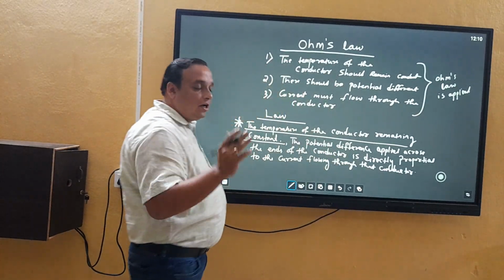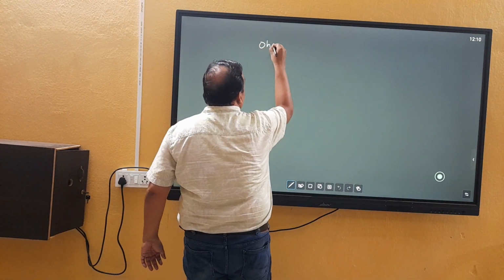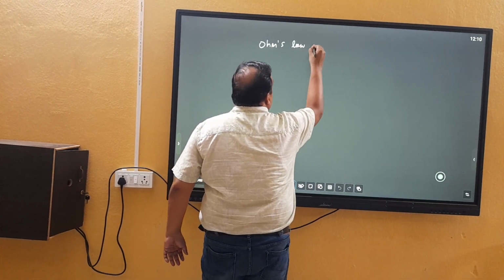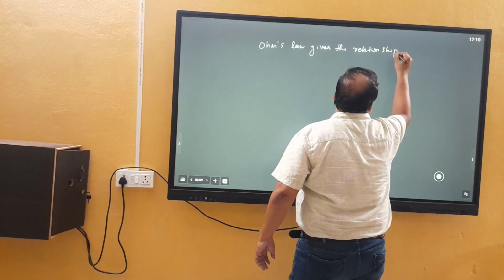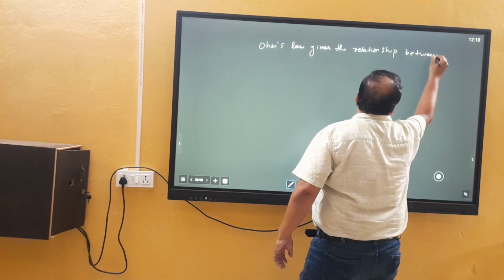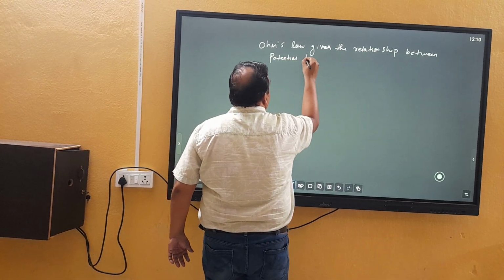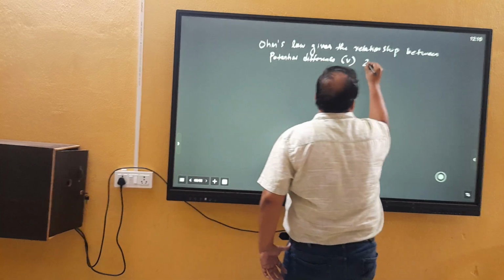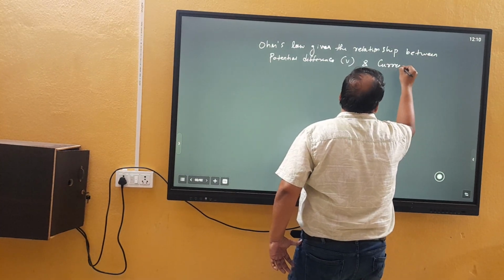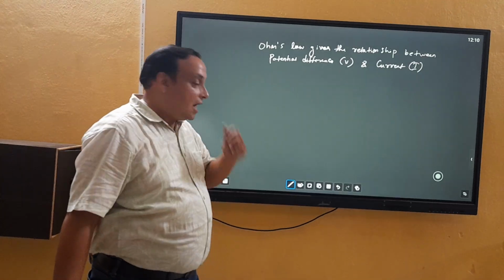Ohm's law gives the relationship between potential difference V and current I.